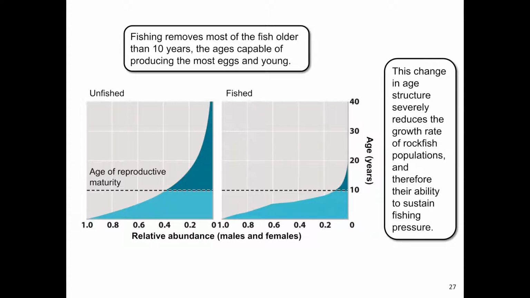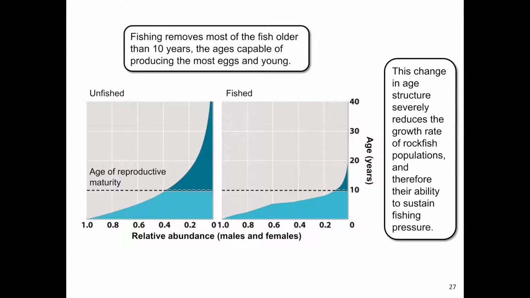And if we compare the ages of fish sampled in unfished waters with those in heavily fished waters, we see the effects of overfishing dramatically. In the unfished population, the curve shows many individuals close to and past the age of 10 years, when reproductive ability starts to decline.